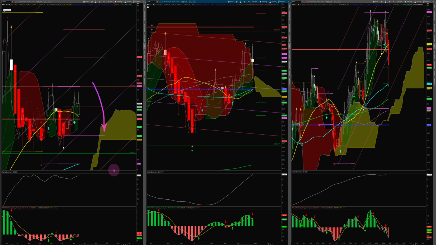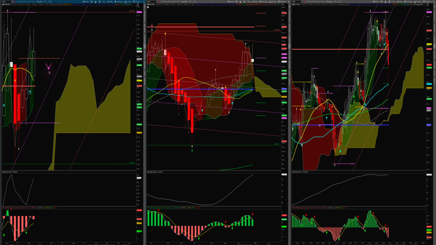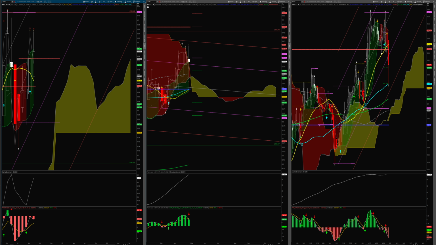The cloud in the future is looking good on the monthly. Look at that. Key level 100, 101. The cloud on the weekly is still positive, hasn't gone negative yet. Still holding that 103. This is a strong 50% level.